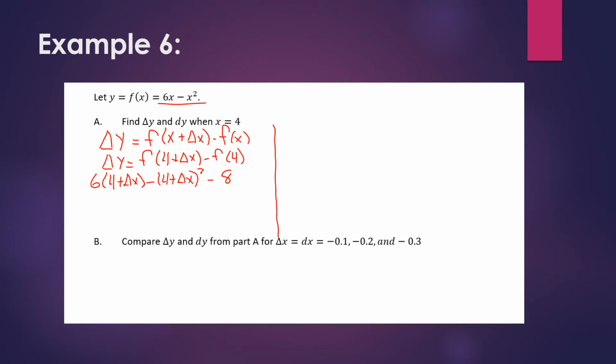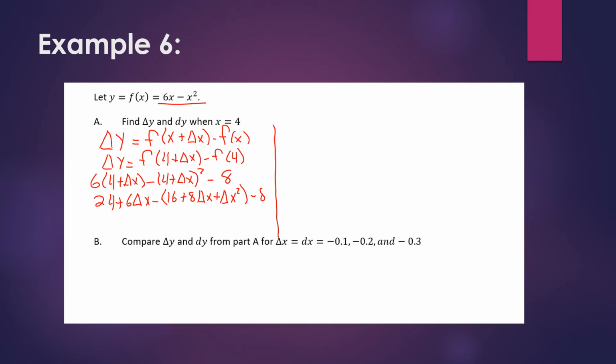So let's distribute the 6 in. I'm going to get 24 plus 6 delta x. (4 plus delta x) squared is going to be 16 plus 8 delta x plus delta x squared, minus 8.